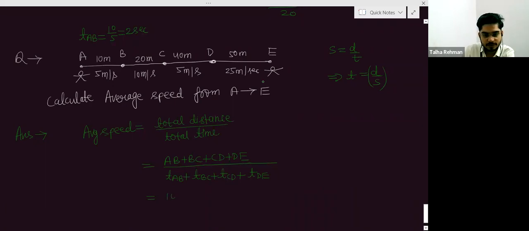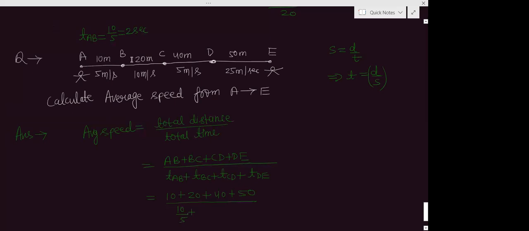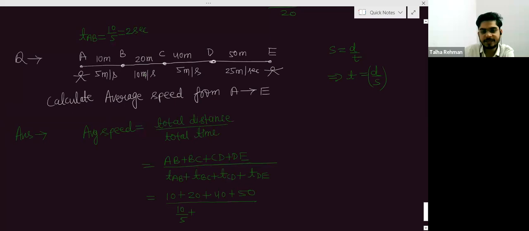AB is 10. What is BC? BC is 20. CD is 40. And DE is 50. Now time from A to B is 2 seconds, so that is 10 by 5, plus time from B to C, 20 by 10.